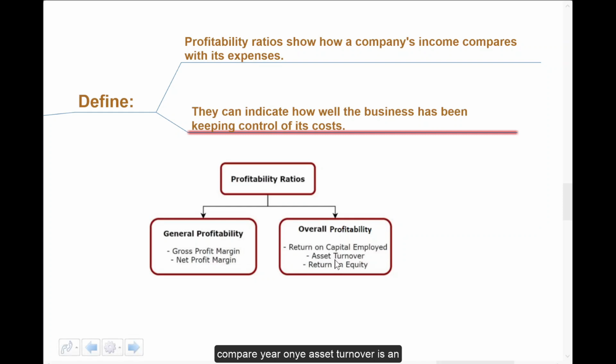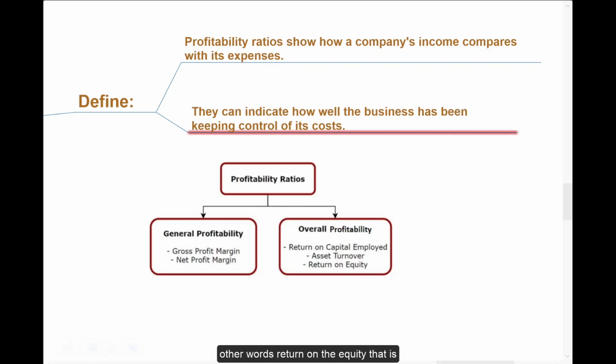Asset turnover is an unusual one and often examines some of the trickier questions within the OT section for this particular chapter are in this area of asset turnover. More of that later. Outside of that, return on equity. Notice the difference between return on capital employed, which is a broad measure, i.e. total capital employed, and then return on equity.